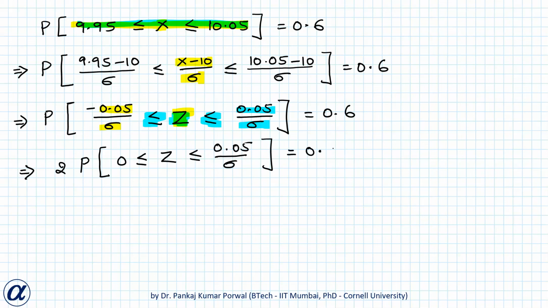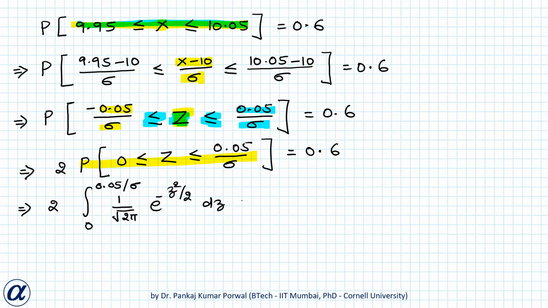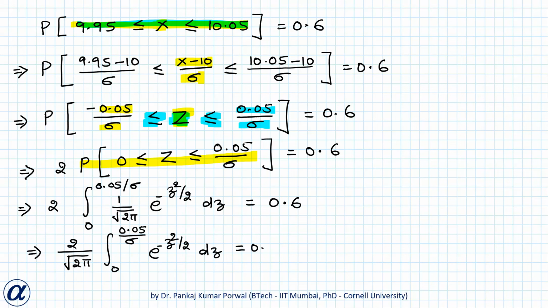and this is equal to 0.6, and this probability I can write as the integral from 0 to 0.05 upon sigma of 1 upon root 2 pi e to the power minus z squared by 2 dz, and that is equal to 0.6, and this is also 2 upon root 2 pi integral 0 to 0.05 divided by sigma e to the power minus z squared by 2 dz, that is equal to 0.6.